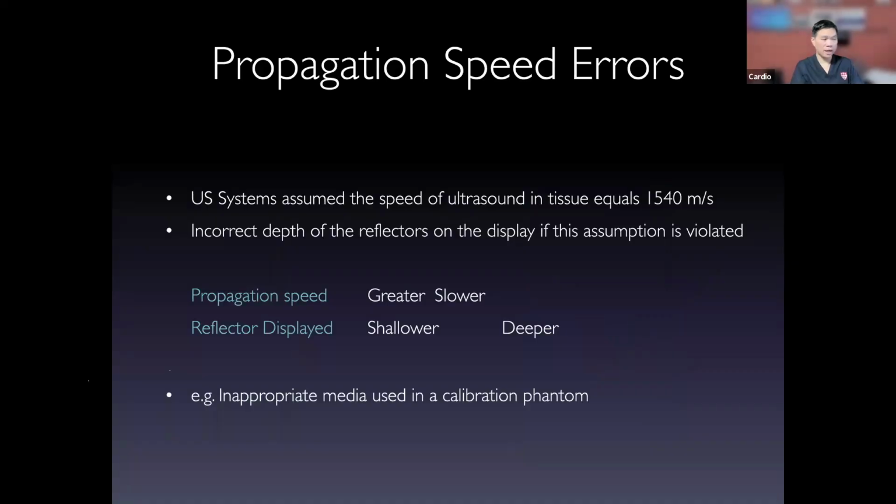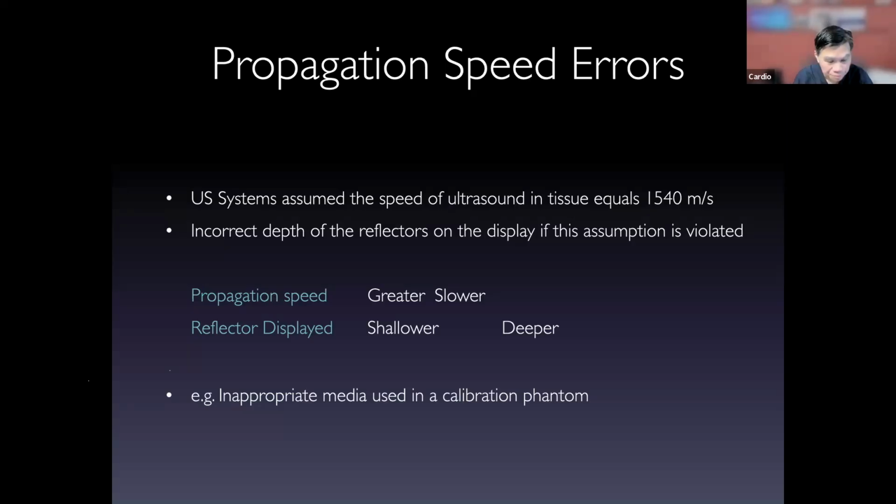There are other propagation speed errors that you can see. For example, the ultrasound system assumes the ultrasound travels in tissue, combining our muscle, our joints, our air and fats, averaging 1,540 meters per second. 1,540 meters per second.